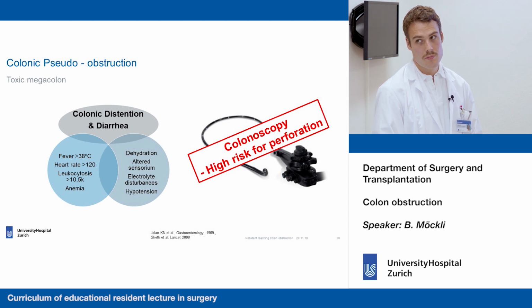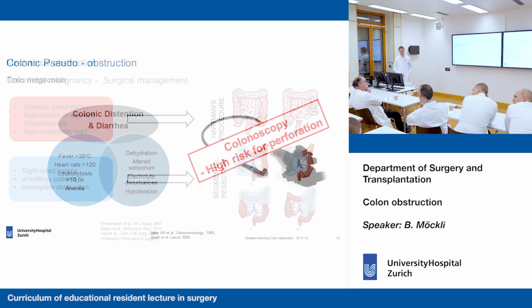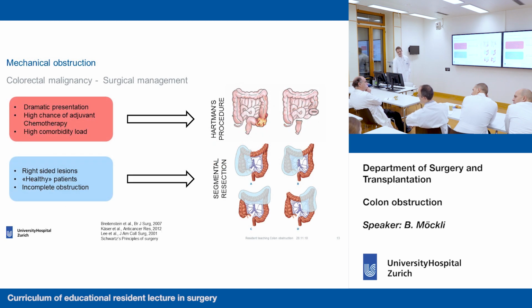Just one technical question. If you have to resect, what kind of anastomosis do you prefer? If you have a colonic obstruction and you have to resect and the colon is dilated and you want to do an anastomosis, which kind of anastomosis would you use? If you have, for example, an obstruction on the right side, we usually perform a side-to-side stapler anastomosis.